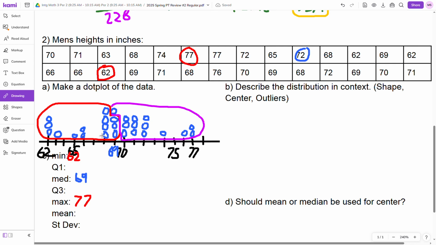The 8th number is 68. So it's actually 67. Q1 is 67. For Q3, 1, 2, 3, 4, 5, 6, 1, 2, 3, 4, 5, 6, 7. It's between here and here. So it's between 71 and 72. So that would be 71.5.